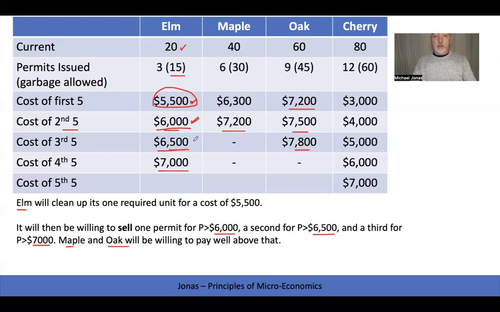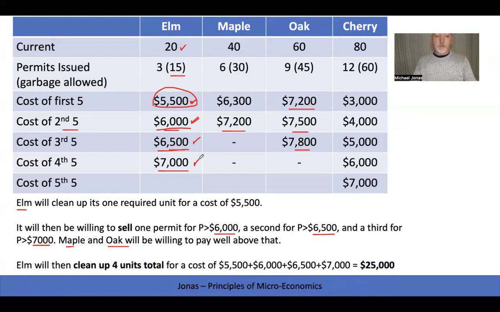So it is, in fact, going to be able to sell each of those 3 permits to some combination of Maple and Oak that's going to be trying to avoid their cleanup costs. Right? So in the end, it's going to clean up its first unit. Then it's going to sell its 3 permits and clean up its remaining 3. Right? So it started with 20 units of pollution, and it's going to end up with 0.